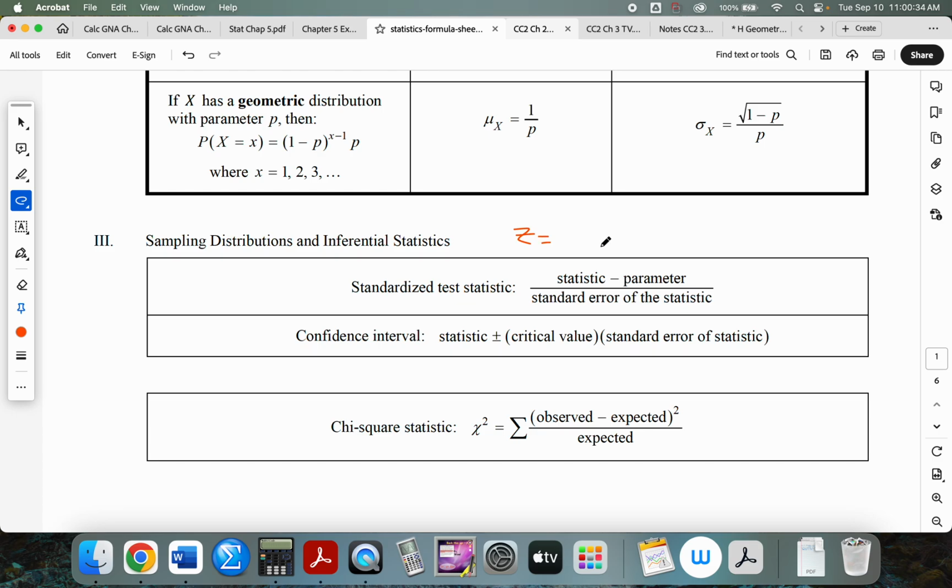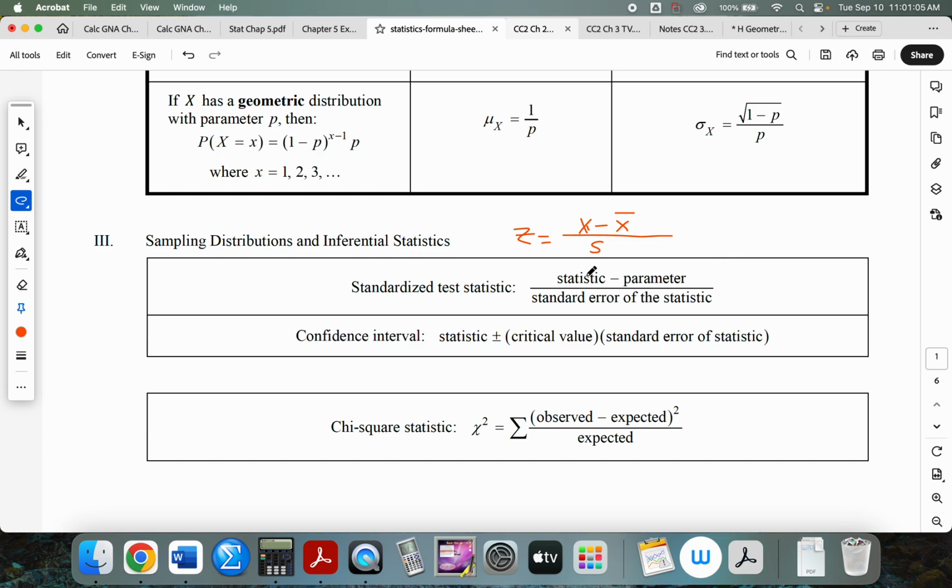So z equals, well, what is it that we're standardizing? We're trying to look at the means, right? So we're looking at what we actually got minus the mean over the standard deviation, right?